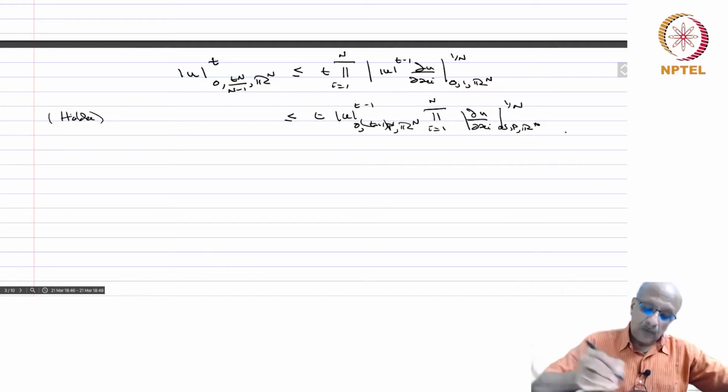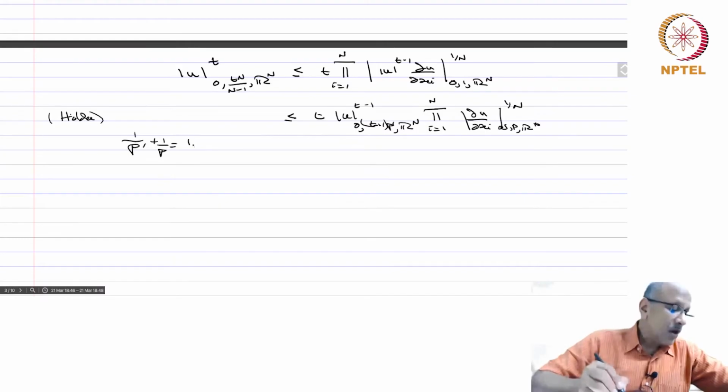Here 1 by p prime plus 1 by p equals 1. So this is the Hölder inequality which we have used.